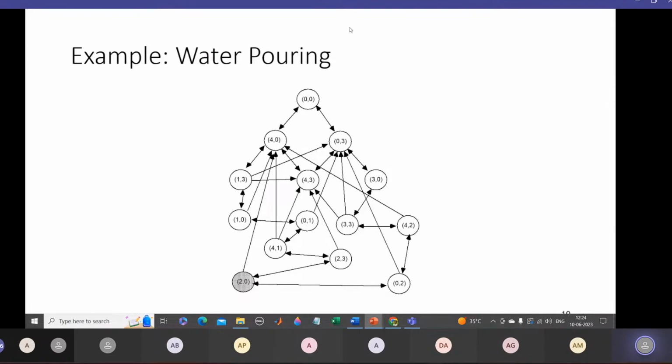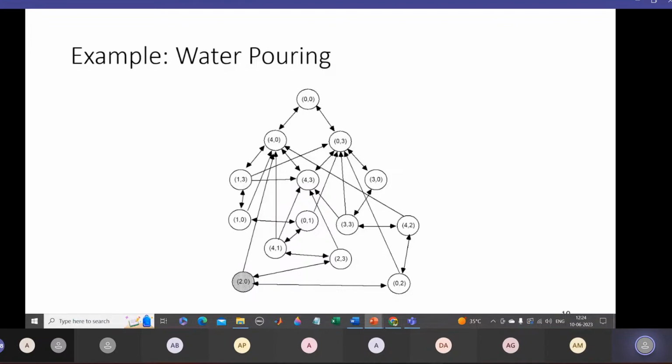The other one, the 4 liter, is empty. Now I can transfer the 3 liter bucket's water to the 4 liter bucket.